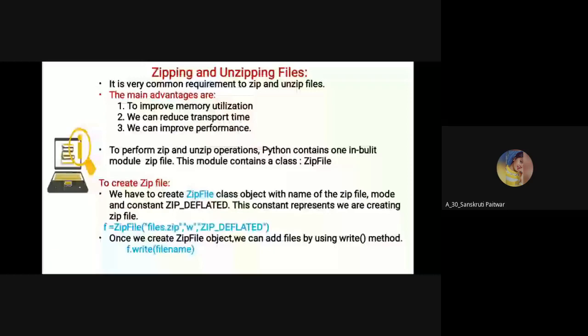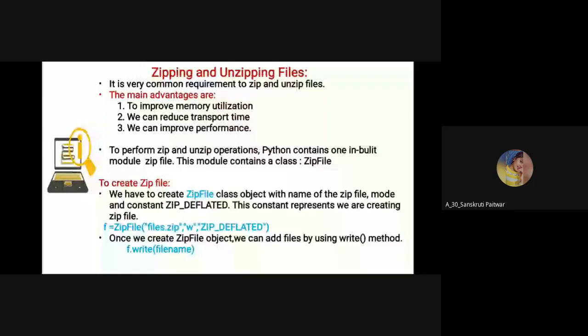Second, we can reduce the transport time. It means if you are transferring files from one memory location to another, or from your machine to a pen drive, at that time the transport time will be reduced if you are zipping the files. If you are transferring 100 files, it takes more time.